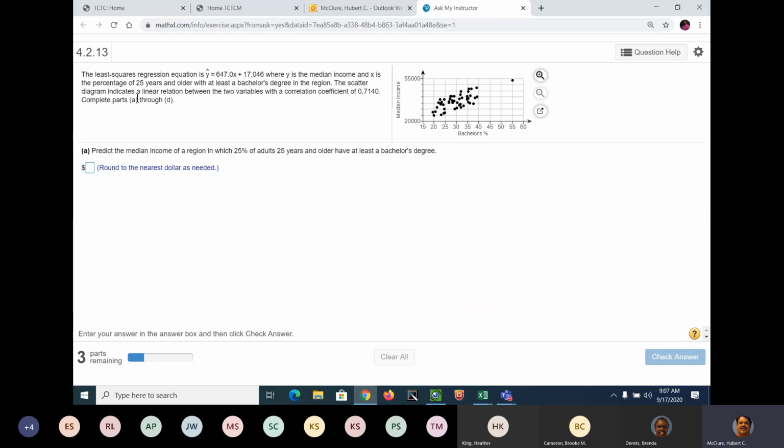The scatter diagram indicates a linear relation between the 2 variables with a correlation coefficient of 0.71, which is pretty strong. Complete parts A through D. Predict the median income of a region of which 25% of 25 years or older have at least a bachelor's degree.